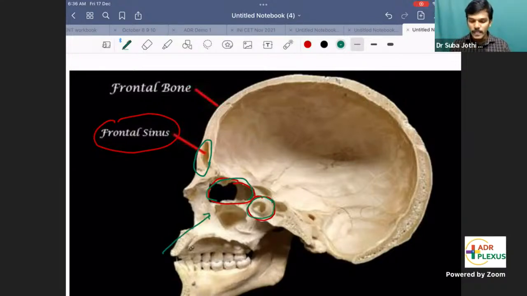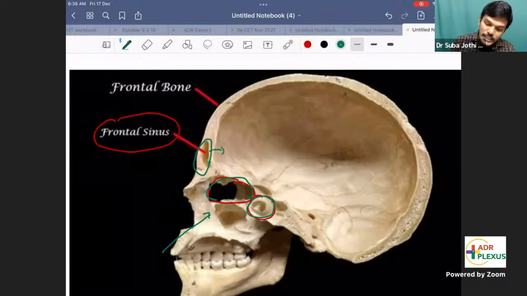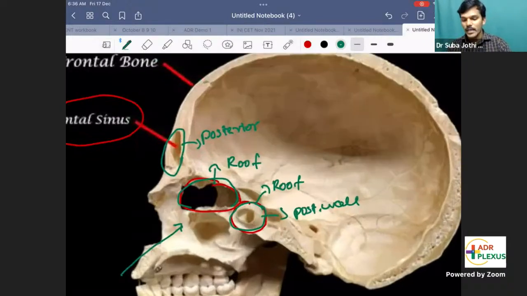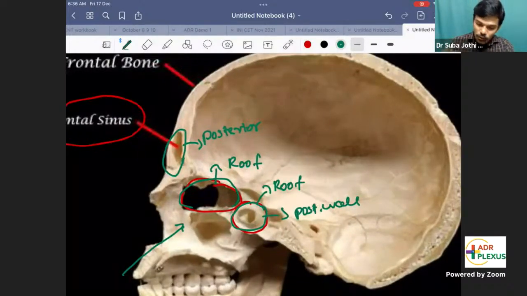Now, the frontal sinus posteriorly is related to the cranium. The ethmoid sinus roof is related to the cranium. The sphenoid sinus roof as well as posterior wall is related to the cranium. I'll come again, pay close attention.